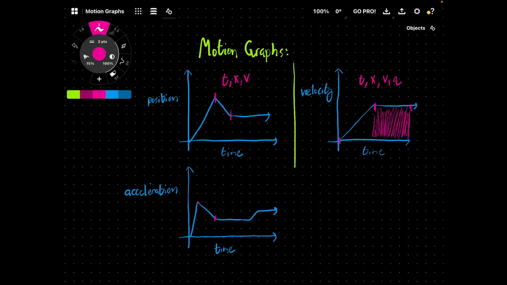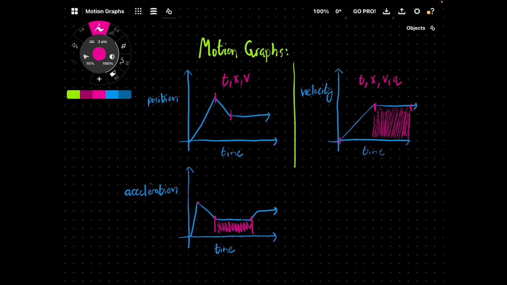So if we wanted to figure out the average velocity between these two dashed lines over here, we'd have to figure out the area under this curve, or just the area of this rectangle shaded in pink over here.